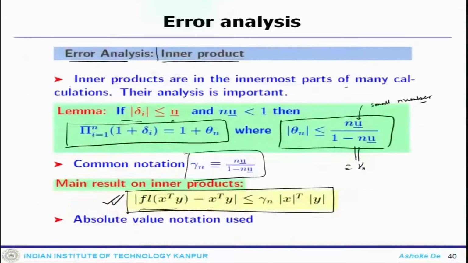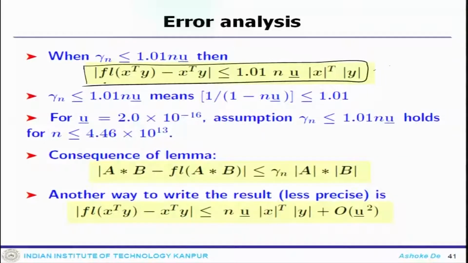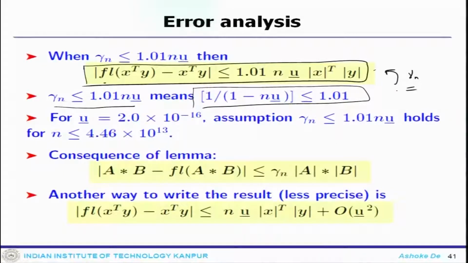So, whatever we got here, it just uses that value, and gamma n less than or equal to 1.01 means 1 by 1 minus nu less than or equal to 1.01. So, every term associated with all these calculations, gamma n and all these, has a certain physical significance.